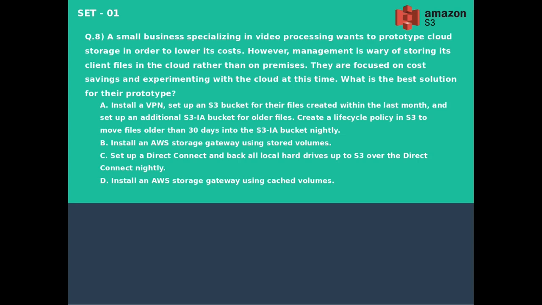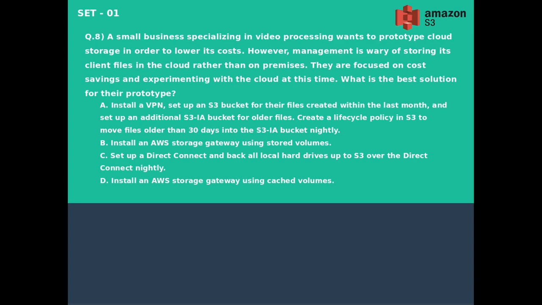Option A: install a VPN, set up an S3 bucket for files created within the last month, and set up an additional S3 IA bucket for older files. Create a lifecycle policy in S3 to move files older than 30 days into the S3 IA bucket nightly.